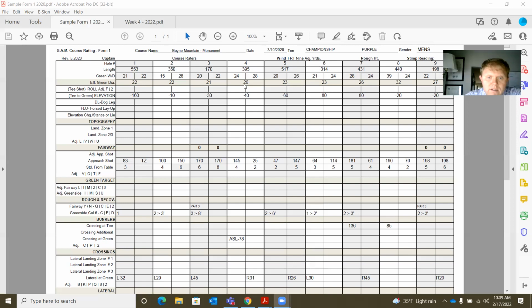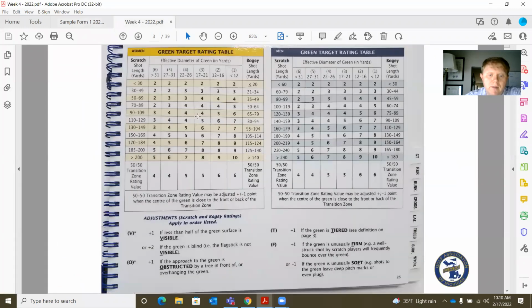Okay, there are a few other questions here. For the V2 plus, is the green surface not visible or the flag stick is not visible? So for V2, it's that the flag stick is not visible. That would be like if you're really, really blind.